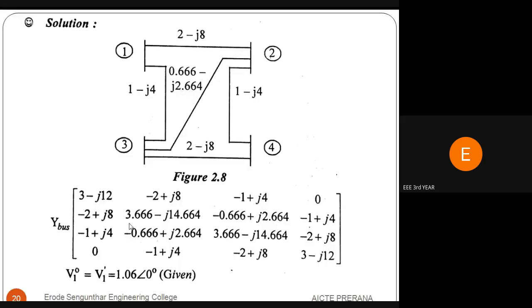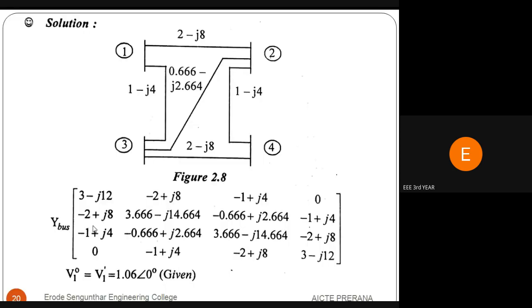Finally we get 3.666 minus j14.664. Y23 is 0.666 minus j2.664 multiplied by minus, giving minus 0.666 plus j2.664. Y24 is 1 minus j4 multiplied by minus 1, giving minus 1 plus j4.